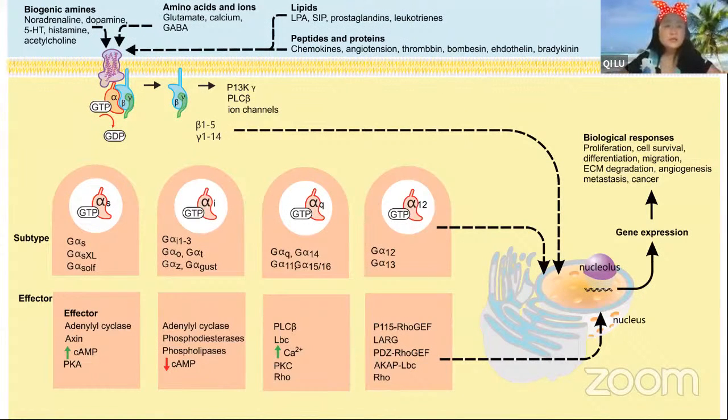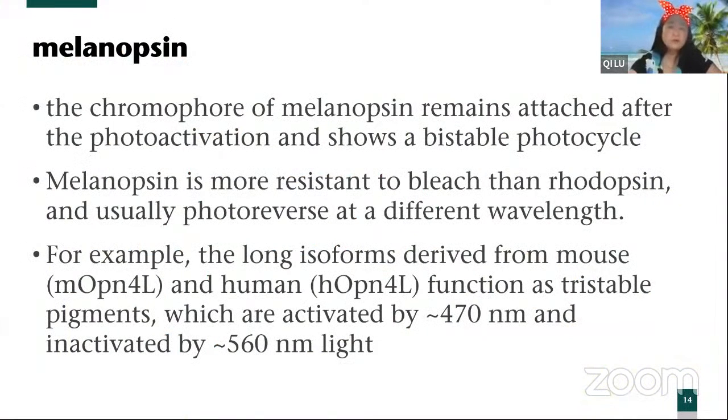So first, let's talk about how to use light to control the function of G proteins. First, let's talk about melanopsin. The melanopsin chromophore remains attached after photoreception and shows a bistable photocycle. Melanopsin is more resistant than rhodopsin, and usually photoreverses at different wavelengths.